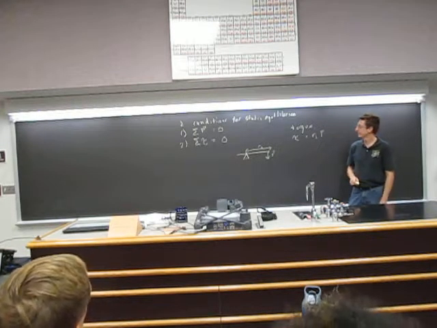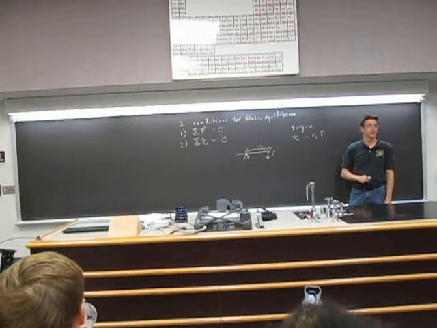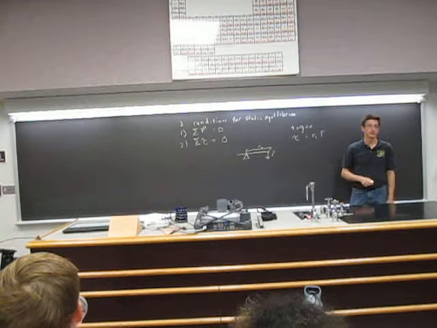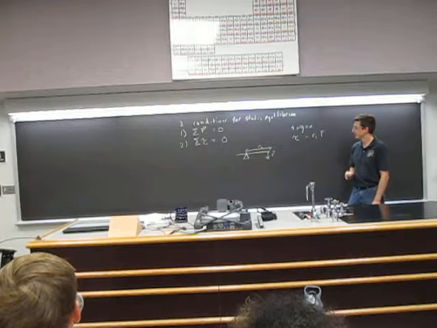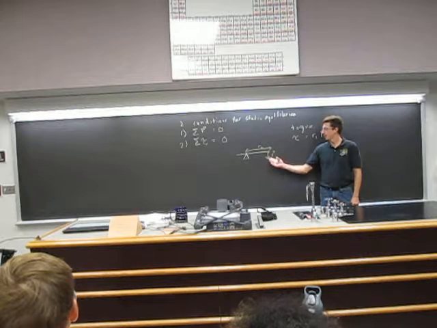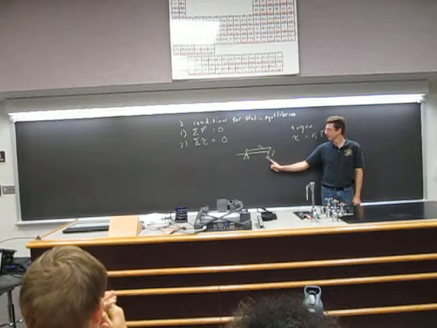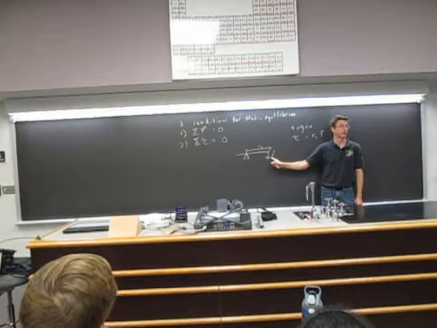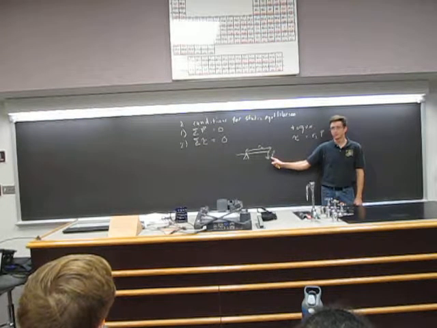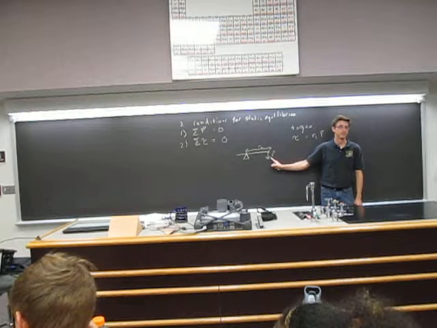Okay, and it's positive if it causes a counterclockwise rotation. That's the convention we'll use in this class. And it's negative if it causes a clockwise rotation. So would this be negative or positive torque due to this force? Negative, because it's making a clockwise rotation, right?